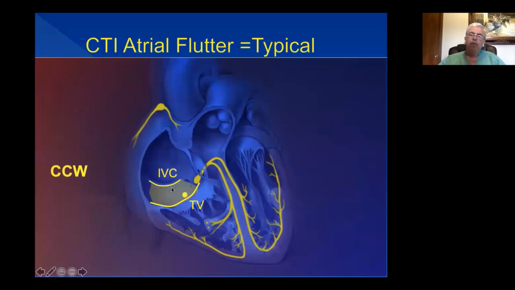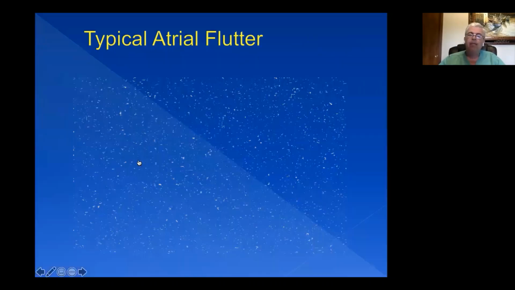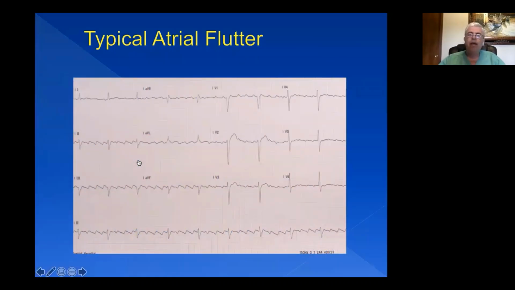And typical flutter, a re-entry circuit going around through that isthmus in a counterclockwise, but also it can go in a clockwise fashion. Regardless whether it's a counterclockwise or clockwise, we call it CTI or cavo-tricuspid isthmus dependent flutter, and the treatment would be the same.